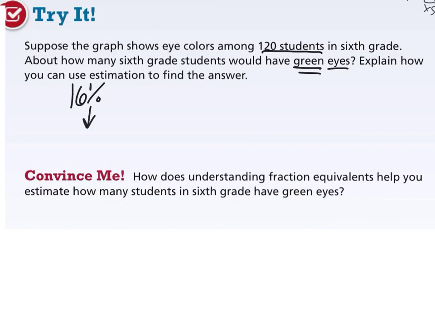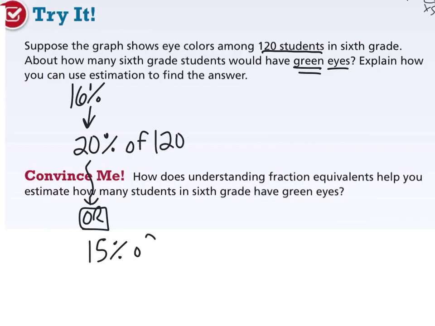We're going to estimate that though, so we can round that to 20%. Another option I'll put down below would be if we rounded it to 15%. 15% is going to be a little bit closer to the actual answer, but either one's probably going to be close enough for what we're doing. So either 20% of 120 or 15% of 120.